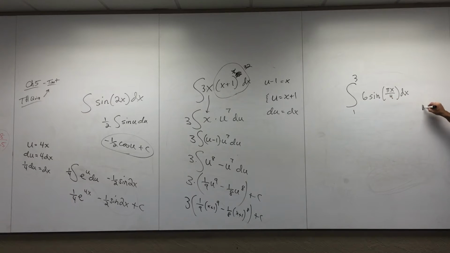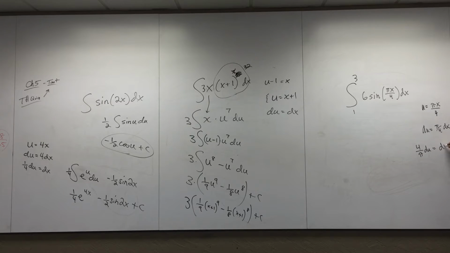I think you should let u equal pi x over 4. The number in front of x here is pi over 4, and so the du is pi over 4 dx. When it's a 2, you move it over and you get a 1/2. So when it's a pi over 4, you move it over and you get a 4 over pi.